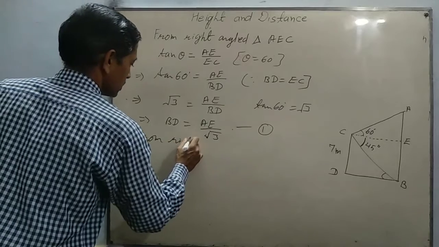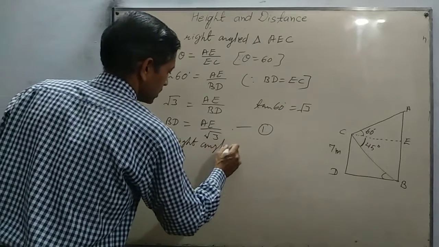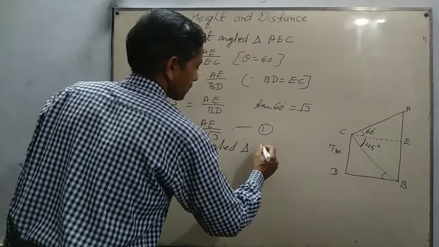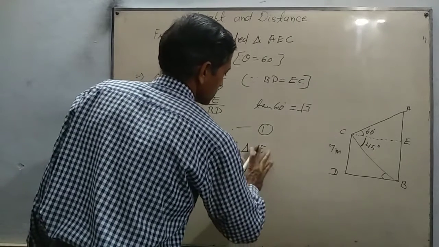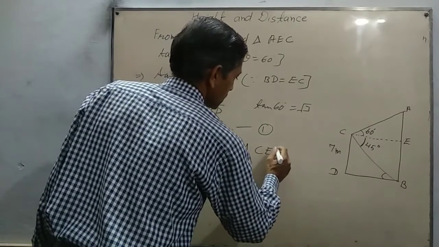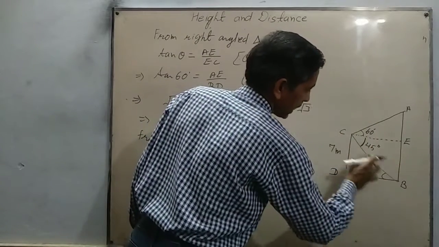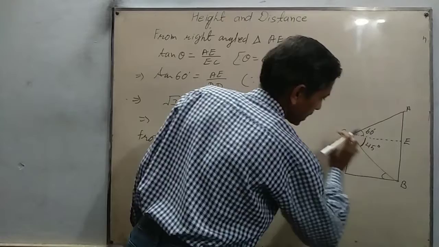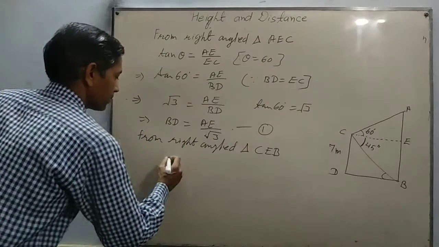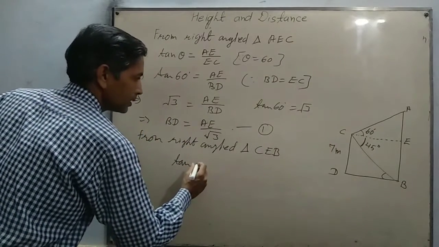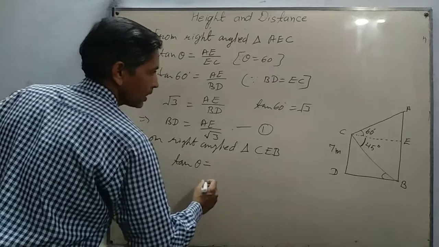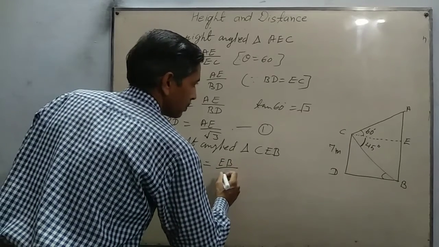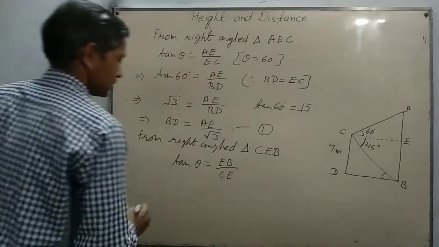From right angle triangle CEB, tan theta is equal to EB upon CE.